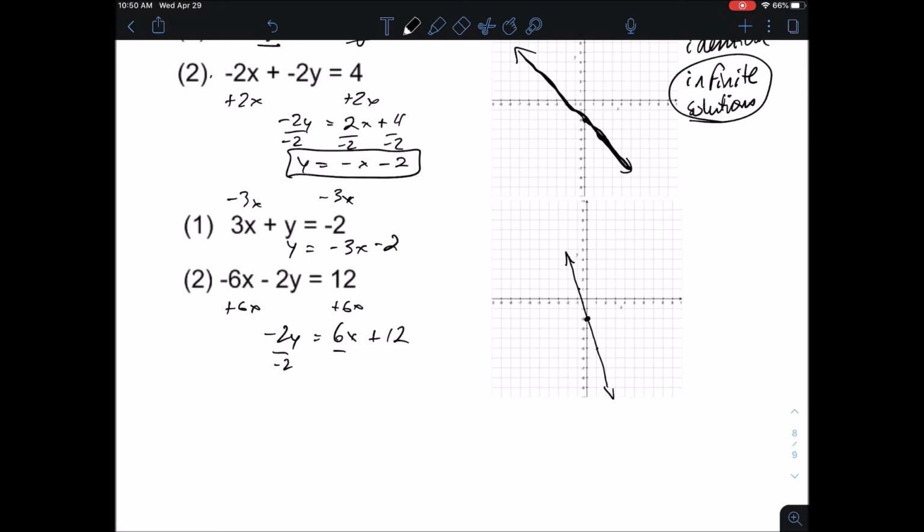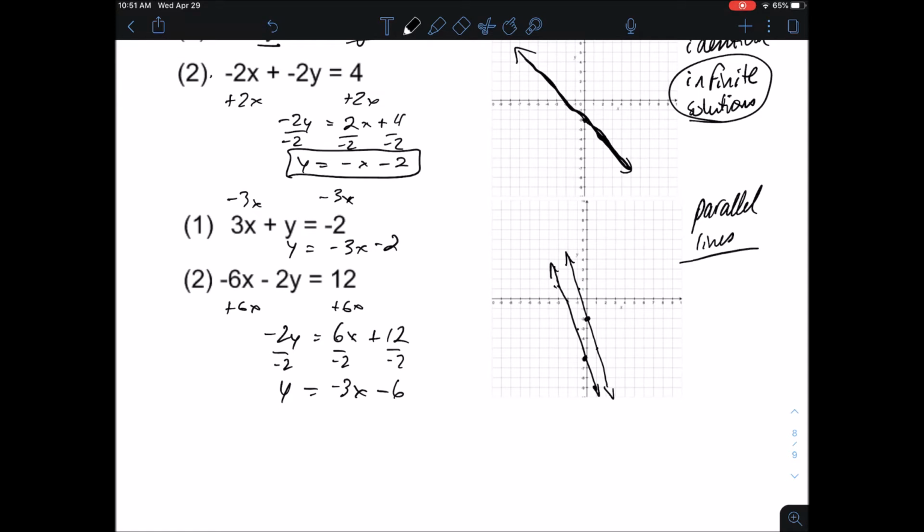And now the second one, I'm going to add 6x and add 6x. So negative 2y is 6x plus 12. Divide everything by negative 2. Negative 3x minus 6. So that's going to go here, and look something like this.